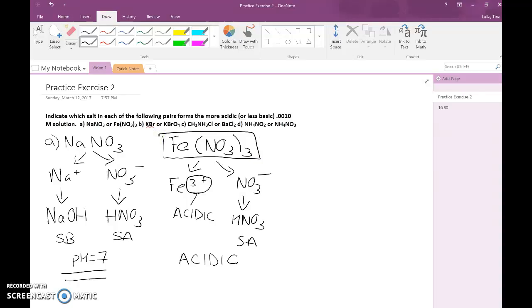Okay, and again, this is because highly positively charged ions are acidic. And so that's why I chose that, because remember, we never account for the strong side. We always account for the weak side, which is going to, in this case, be the Fe3+, but it will be weakly acidic due to the positive cations there.